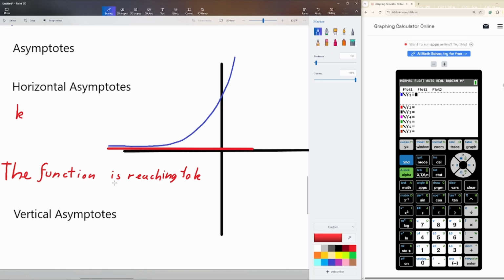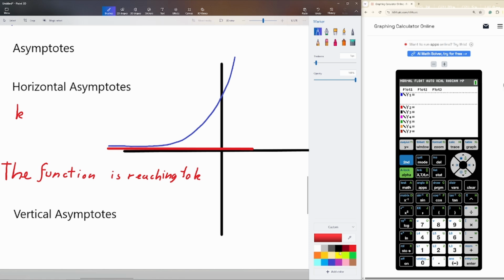You always have to make sure to write out in your tests that K is never touched, because in the IB syllabus it is very clear that your graph never touches your asymptote.